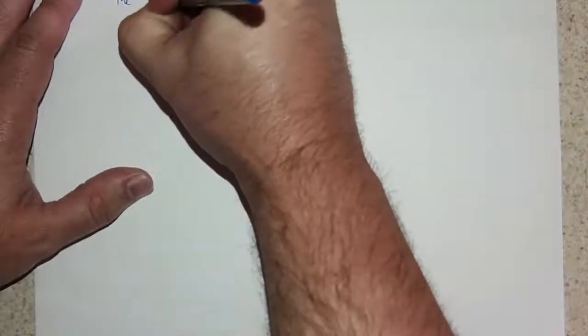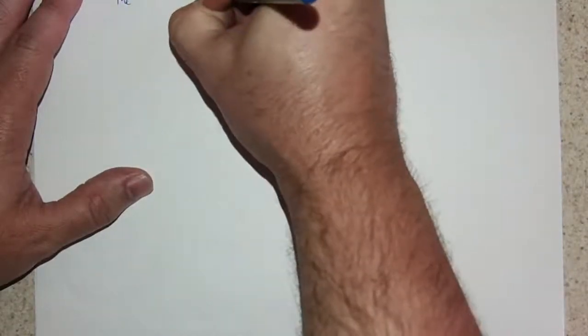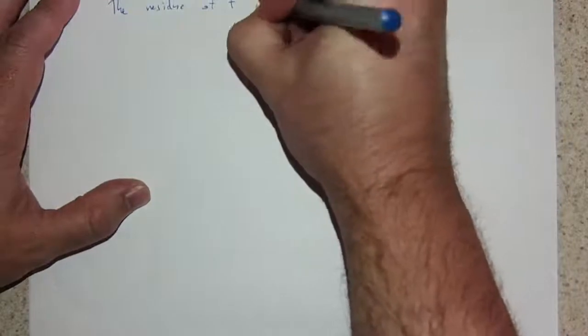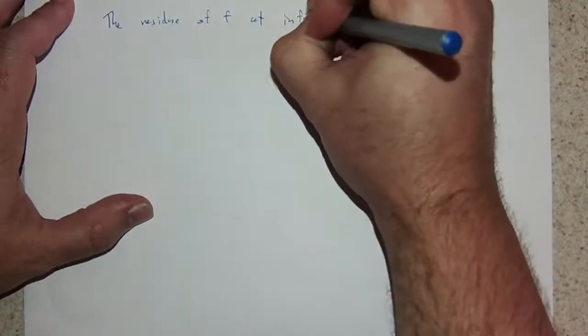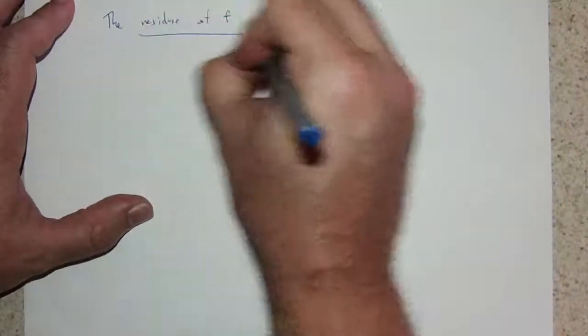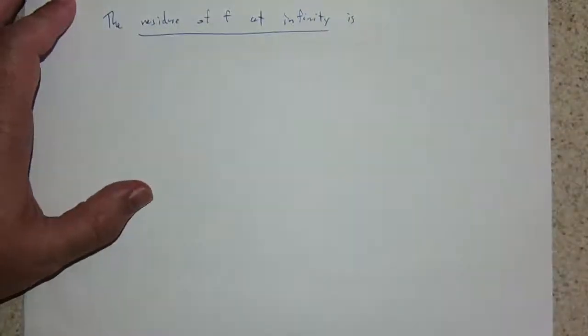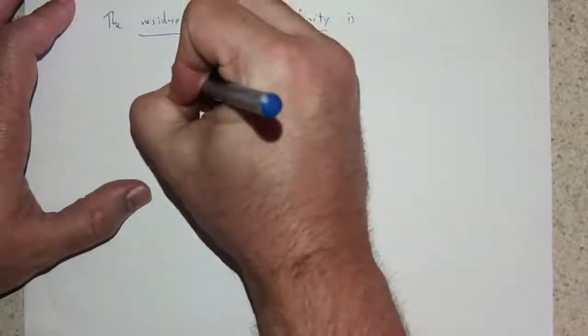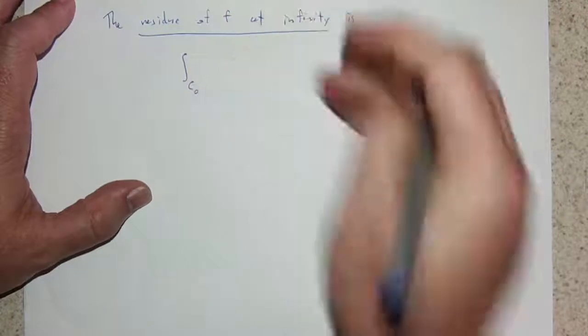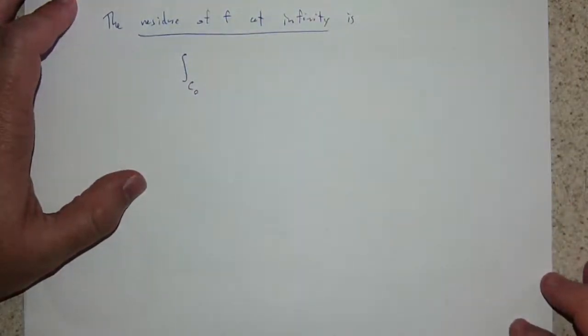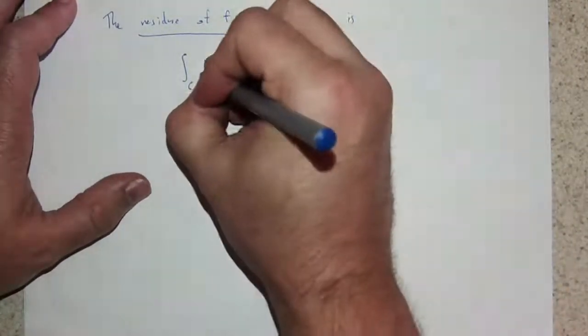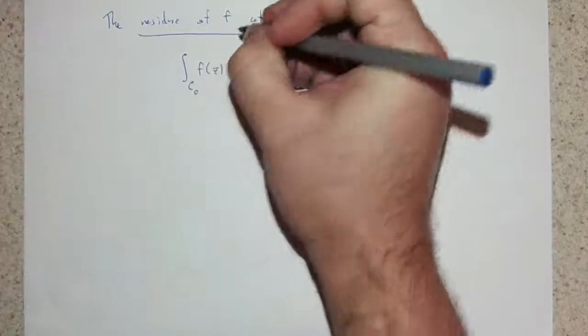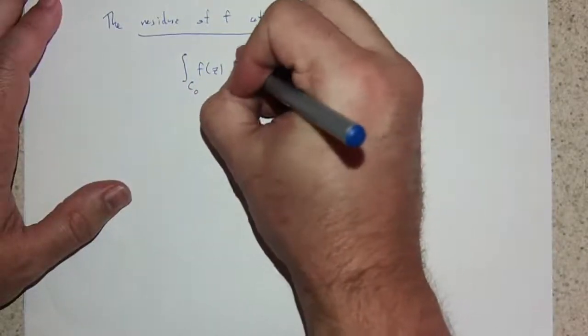So now, what is the residue at infinity? The residue of f at infinity is the following. This is the contour integral over that C0, my circle that is encircling the singular point at infinity.